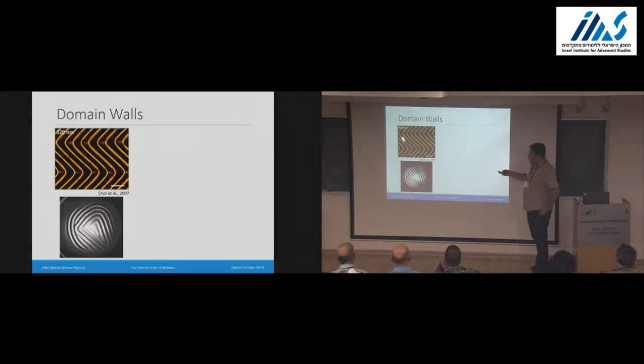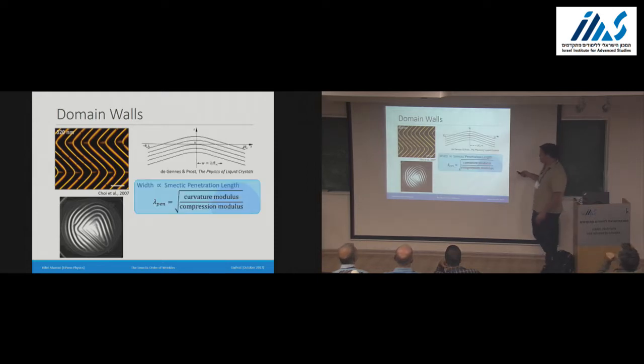So let me go back to the domain breaking into domains, like in the zigzag patterns I showed you before. Typically we see the system breaks into these domains of straight and parallel wrinkles, which are separated by these domain walls. We can ask ourselves, how wide are these domain walls?